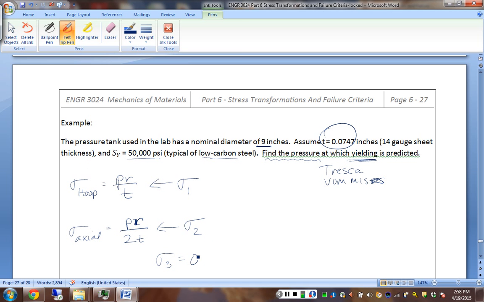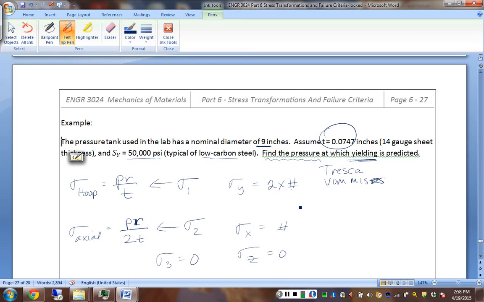We would come to the same conclusion if we just arbitrarily called this our sigma x, this our sigma y. We would have some number, this would be 2 times that number, and sigma z is 0.